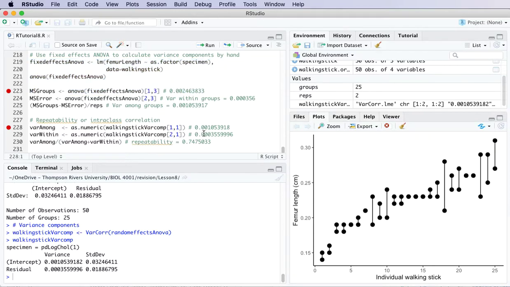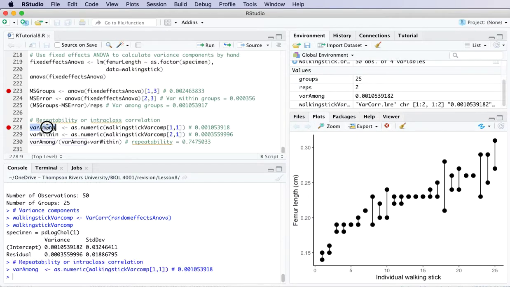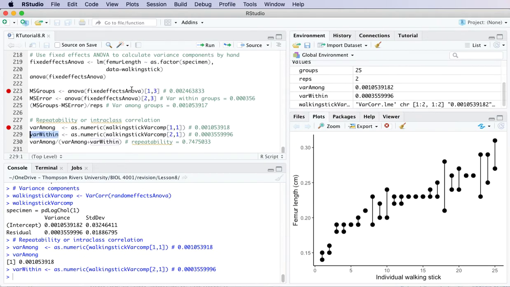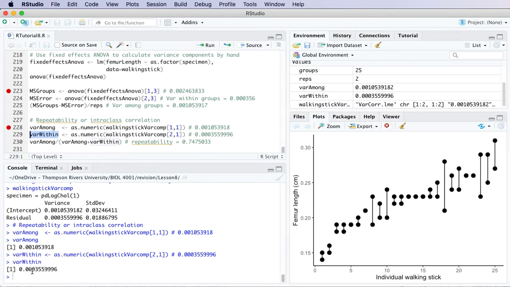Instead, I'm going to pick out this number, and I'm going to call that var among, to stand for variance among the groups. So let's just confirm that. So there's the variance among the groups, and then I'll use this to calculate the variance within the groups. So we'll just confirm that value.